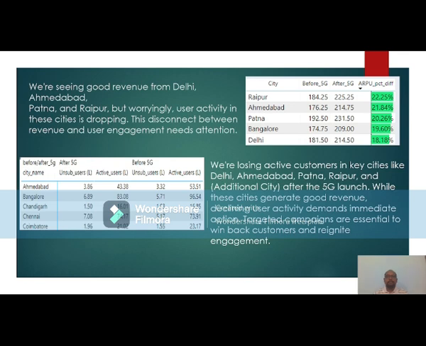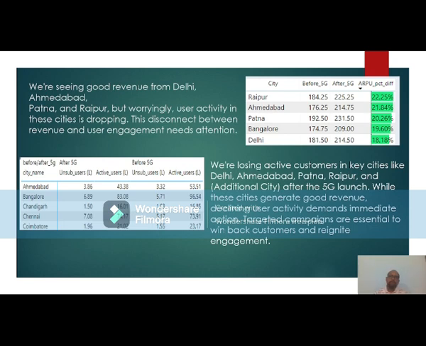We are seeing very good revenue generation from cities like Raipur, Ahmedabad, Patna, Bangalore, Delhi. So these are the cities from where a high revenue per user is generated for AtliqO.